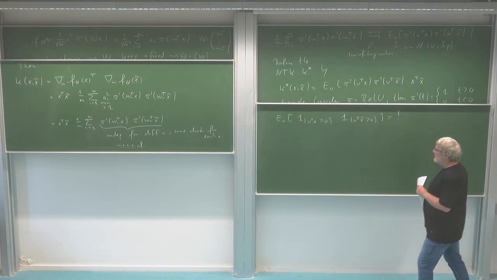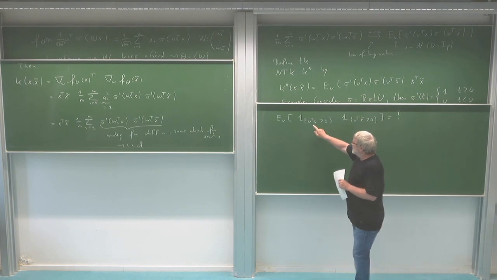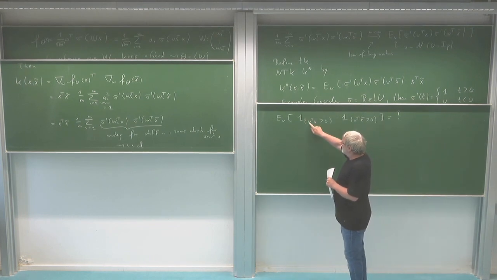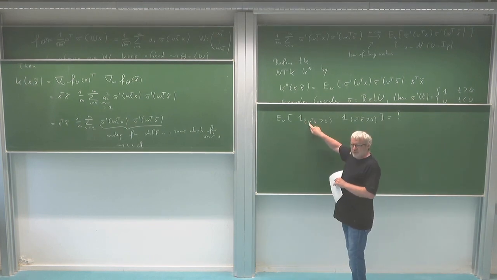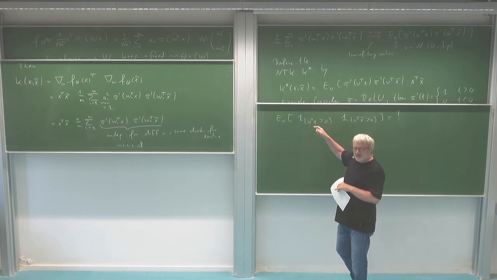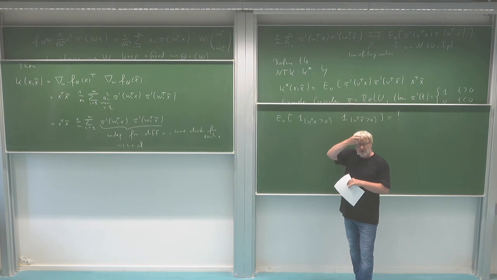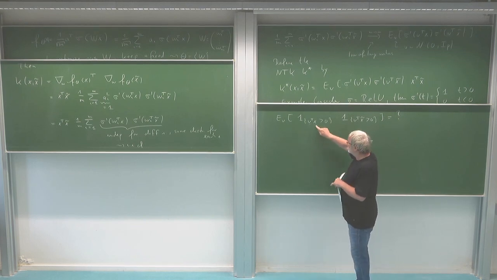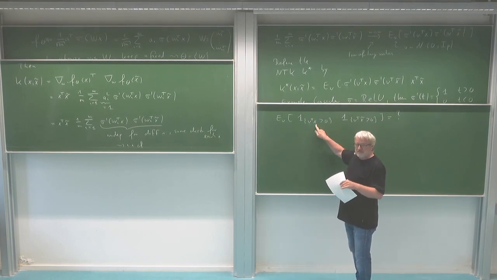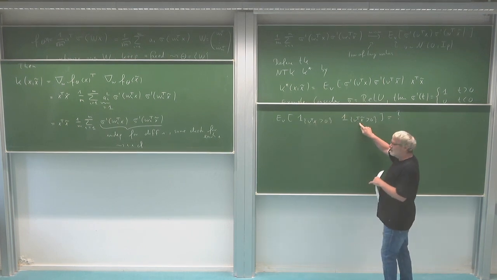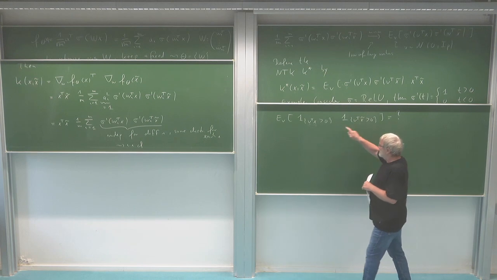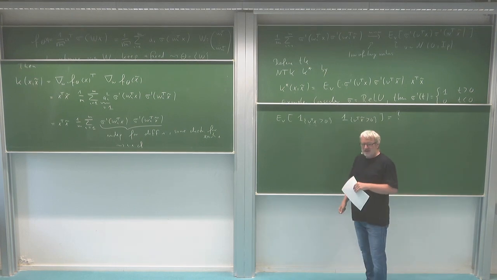But maybe one should note that the entries of v are independent Gaussians, and if I multiply it with x, I take a linear combination of those independent Gaussians. So this thing here is just a one-dimensional Gaussian distribution, and this here is also a one-dimensional Gaussian distribution. So I have here two Gaussians which have a given covariance.